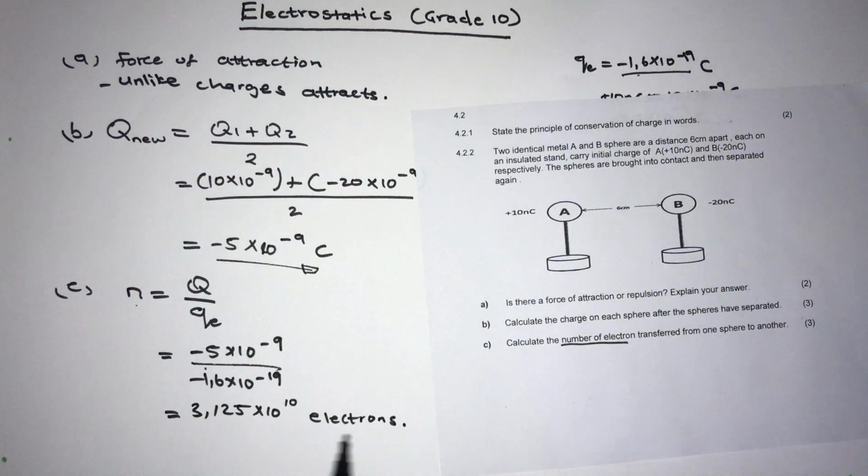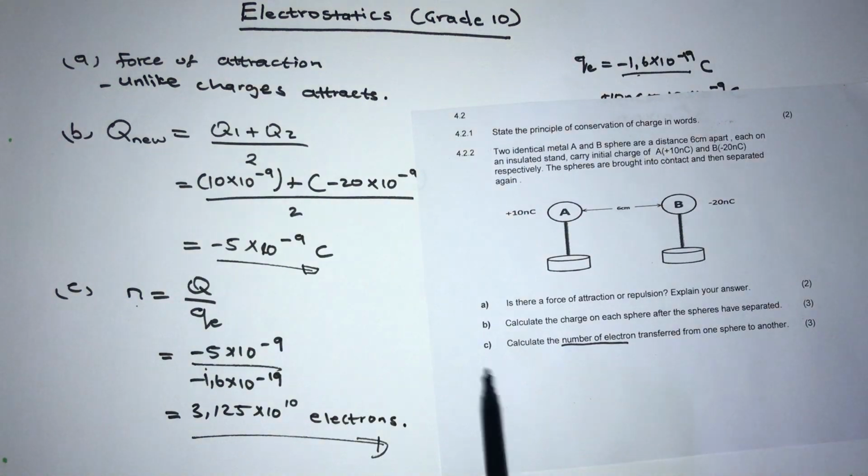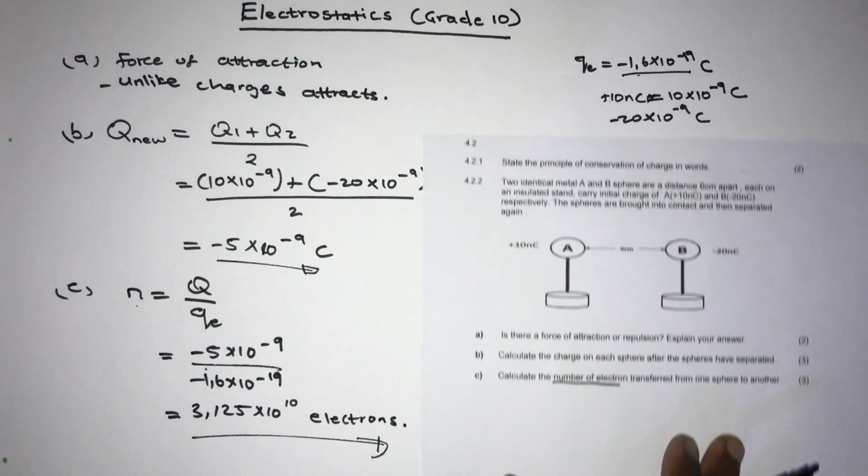So this is the answer for C, the number of electrons. So remember, this is the number. There is no unit for the number of electrons, it's just that number of electrons. So that's how we approach these questions.